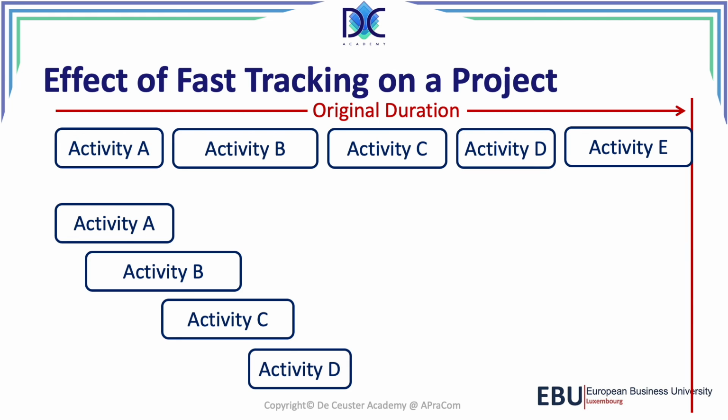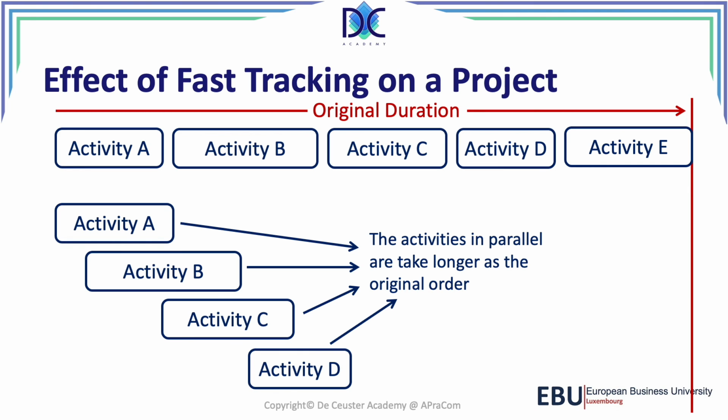Now, when you look closely, you will see that some activities increase in duration. We have to evaluate that. It may be that we don't have to increase the duration or the cost, but in most cases it will have an effect. And finally, we find here activity E, the last activity, not put in parallel.